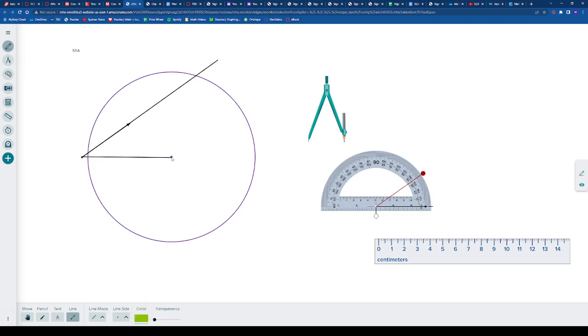So if I connect to here, then I have formed a triangle that has the correct two side lengths and the correct angle. If I, however, connect over here, I've also done the same thing because these two segments, the green and blue, are the same length if they were drawn to the center correctly.